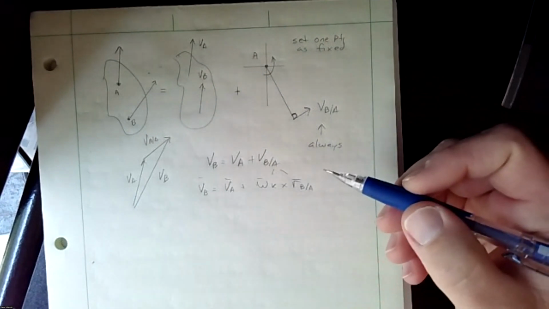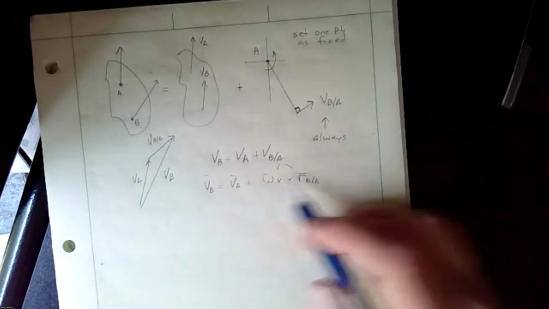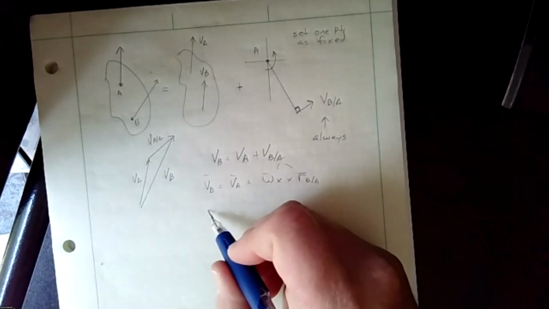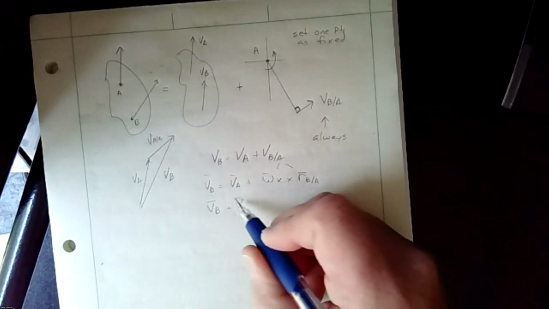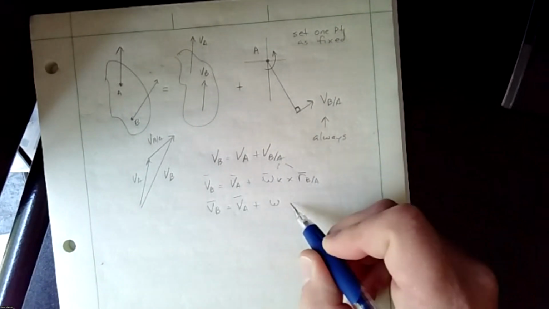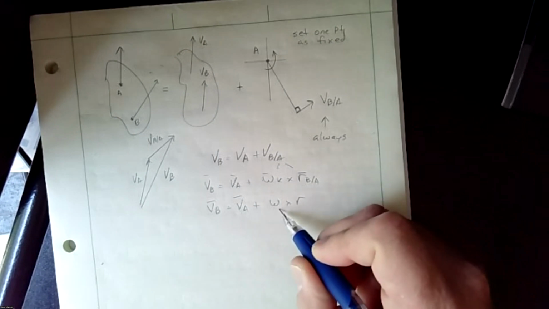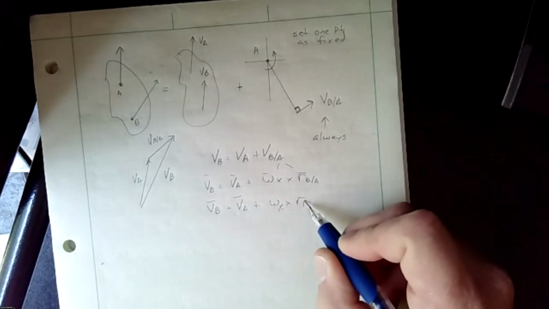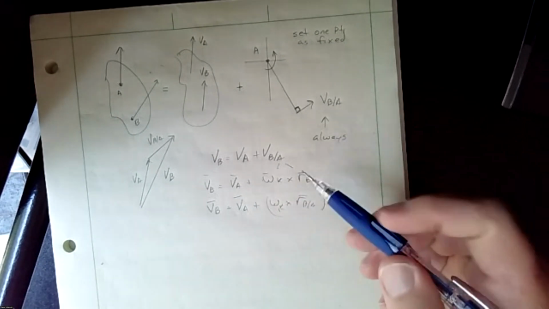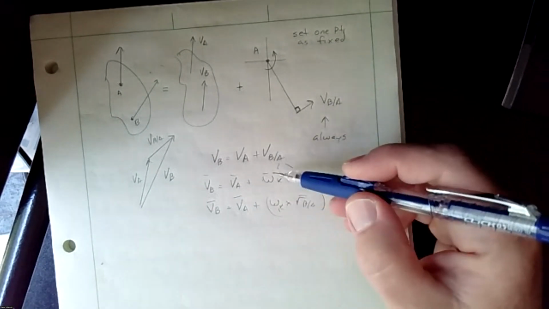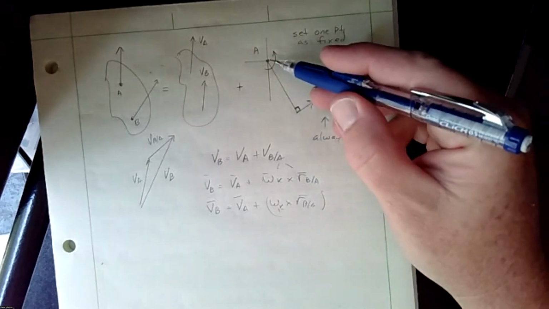So in future examples, you'll see that when it's written, it'll just be literally VB is equal to VA plus omega cross R. And in this case, it's the K direction, B relative to A, just like I wrote above. So that's the important takeaway here, is remembering this. So again, why is it like that?